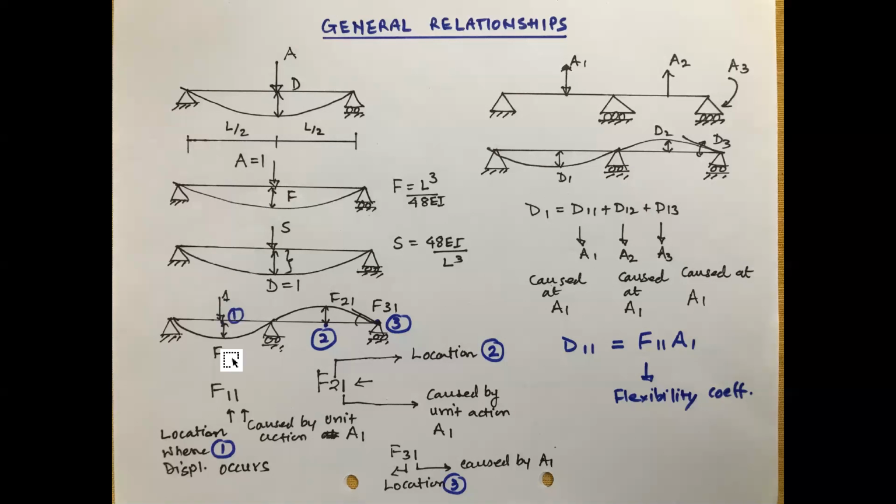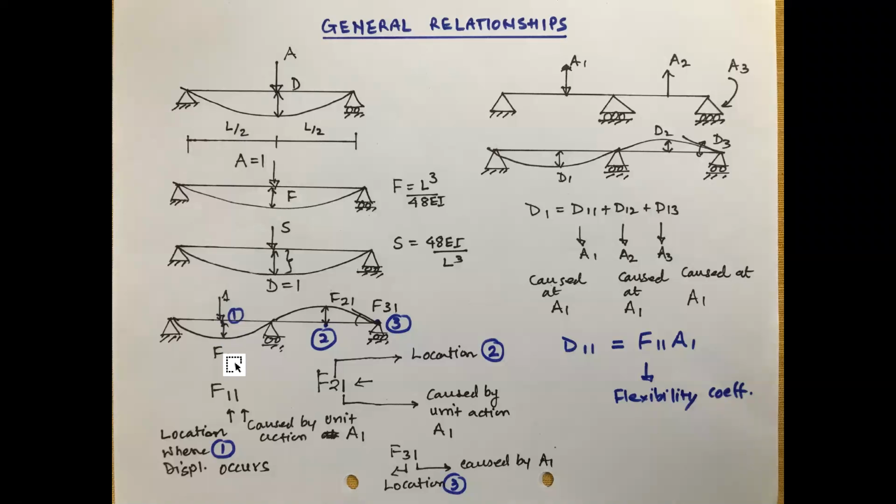Deflection means, under the unit load, what is the deflection? In these exercises we calculate only the deflections and the forces. So when I talk about flexibility, I have to calculate deflection because it is the deflection because of unit load. So F11: the first subscript says the location where you want to calculate the deflection.